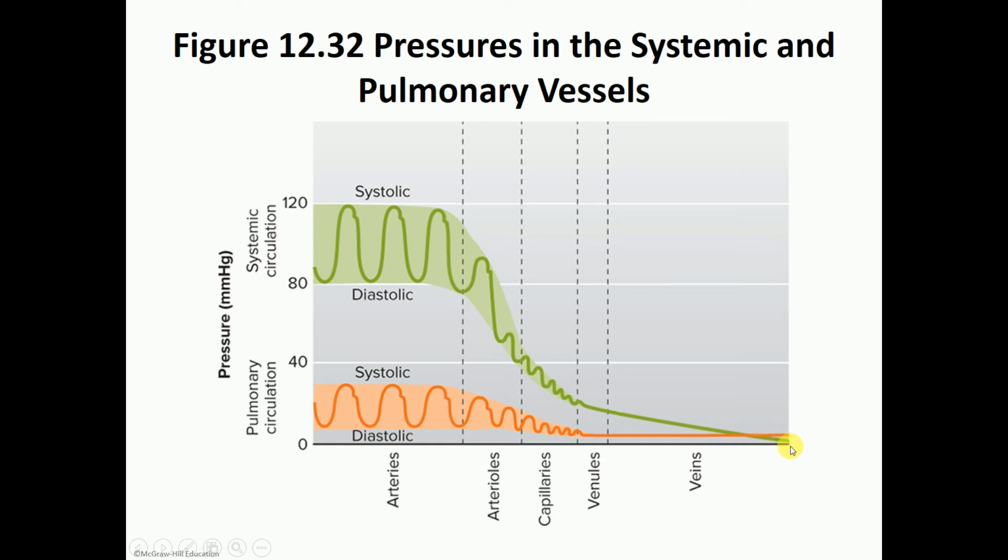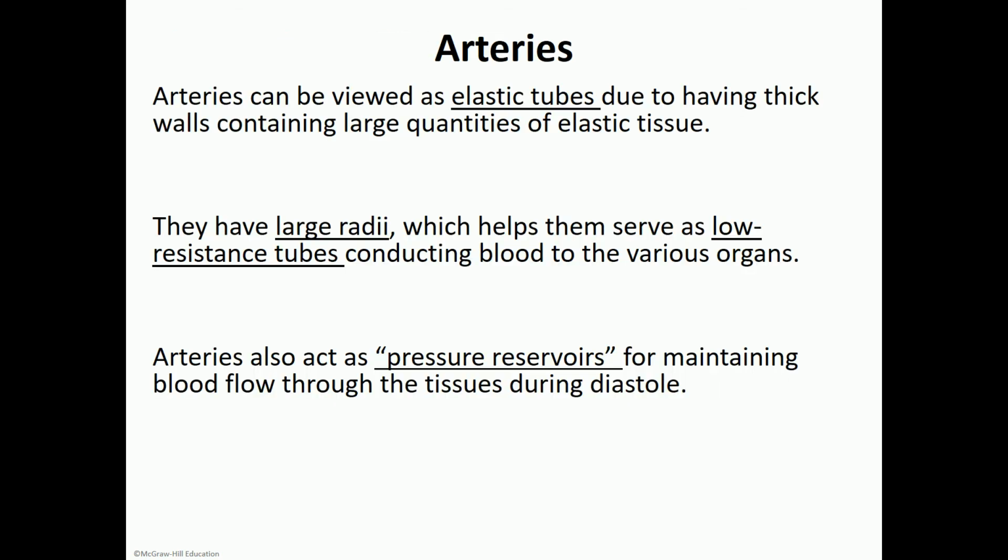It's not zero, but it's maybe 2 or 3 millimeters of mercury, which is a very low pressure in these blood vessels, which again makes it harder for that blood to go back to the heart. So again, how do the veins overcome that, and how does the blood eventually go back to the right side of the heart? And we will answer that question when we get to the venous system.